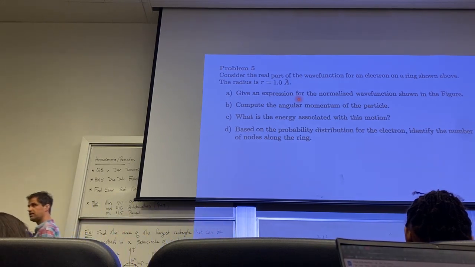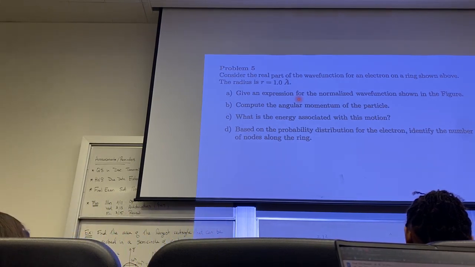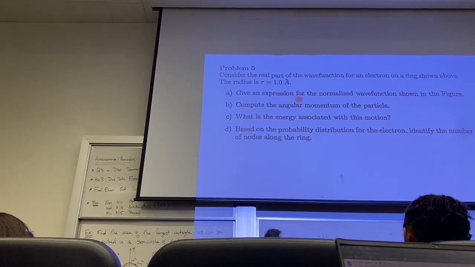I, of course, is the moment of inertia on a ring, and ml is my quantum number, h bar, of course, h bar. So I have everything I need to know here.